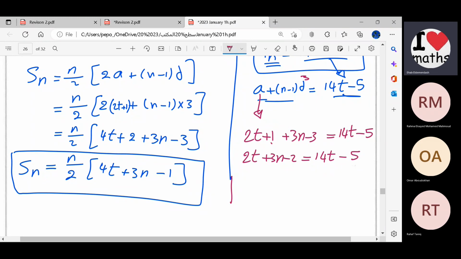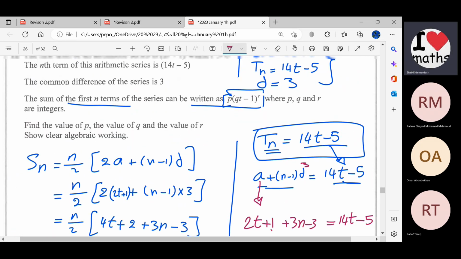Imagine your mission, once you have two relationships, is to merge these two relations together. In this question I have n over 2, and I have t and n. On the other side as well I have n and t. Imagine with me, which is better, to make both of them related to n or both of them related to t?